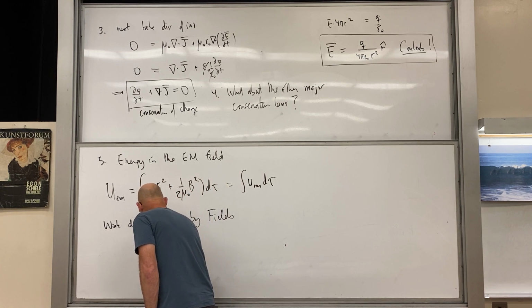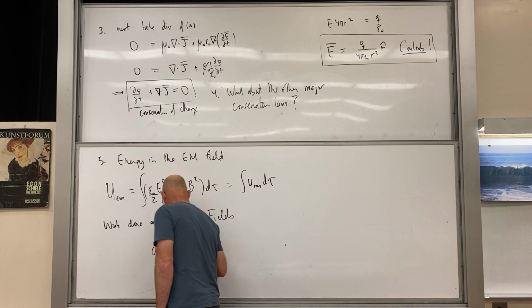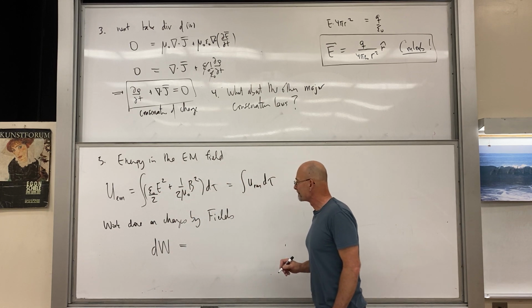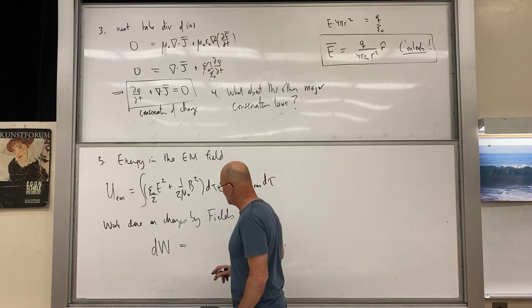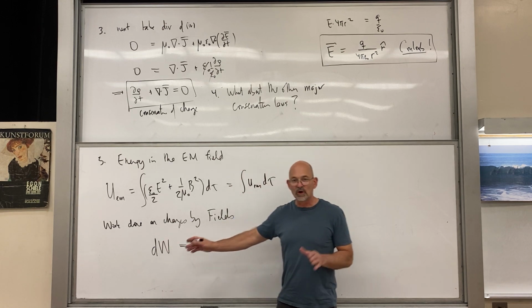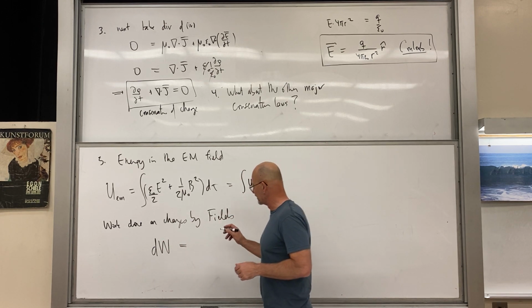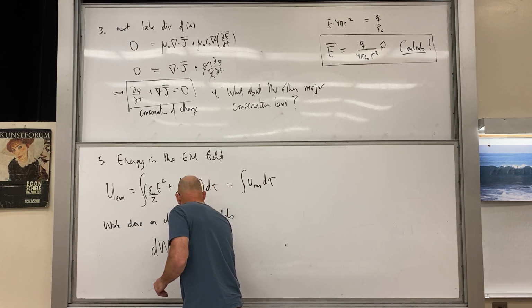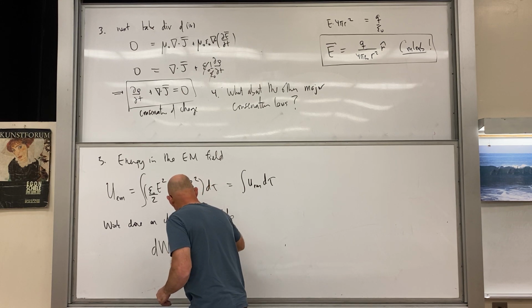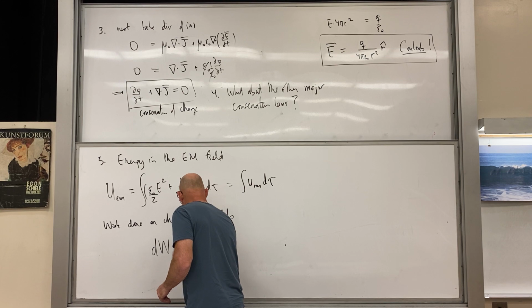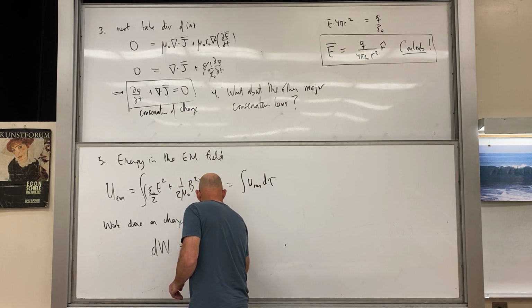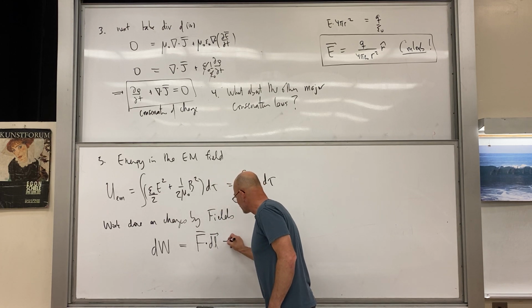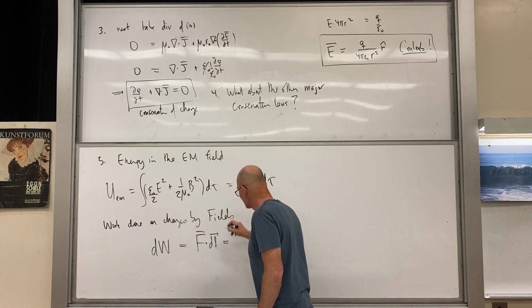You have dW, and this is the mechanical work done on the charges by the field. So you've got Q or your F dot dl, and then we'll just plug in what we had just erased.